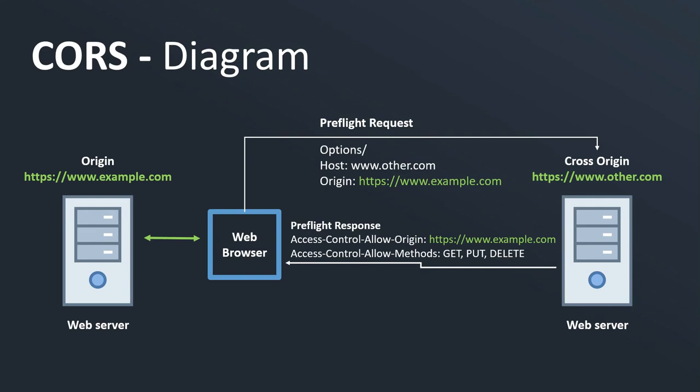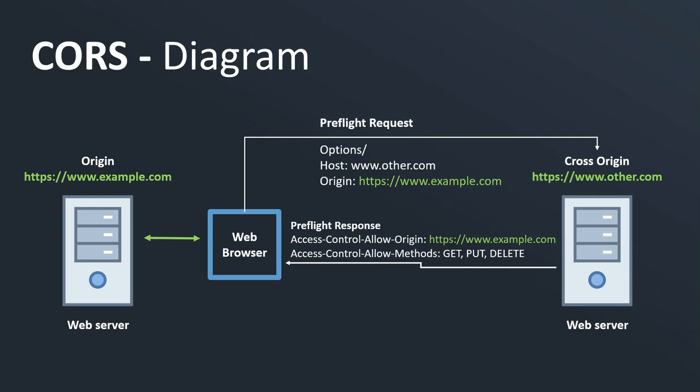So it's going to say, hey cross origin, the website https://www.example.com is sending me to you. Can I make a request onto your website? And the origin is saying, yes, here is what you can do. So the Access-Control-Allow-Origin is saying, is this website allowed or not?